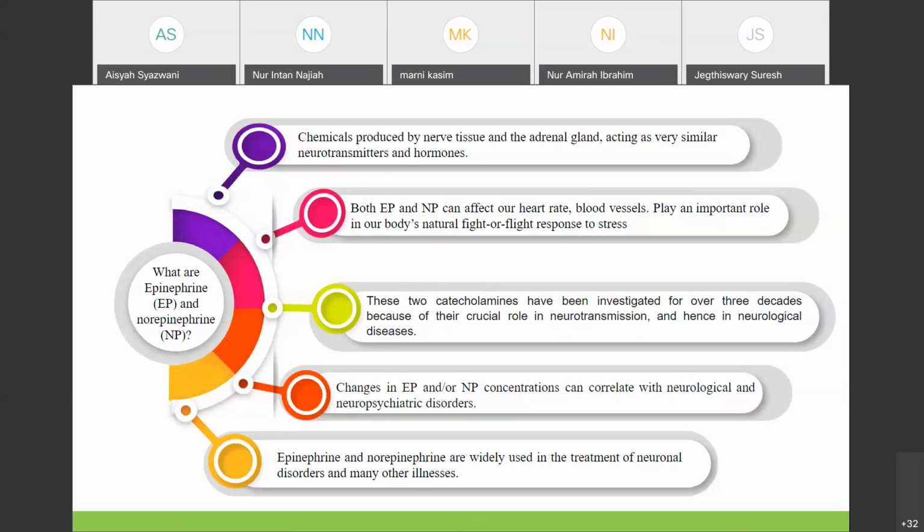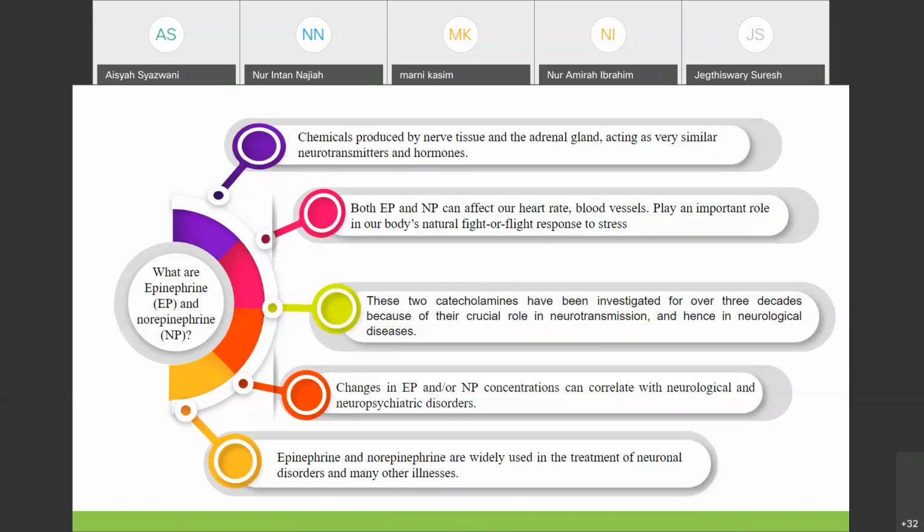These EP and NP have been investigated for over 3 decades because of their crucial role in neurotransmission. Changes in EP and NP concentrations can correlate with neurological and neuropsychiatric disorders. For instance, low levels of EP have been found in patients with Parkinson's disease, while small concentrations of NP were found in a number of common neuropsychiatric disorders and neurodegenerative diseases.